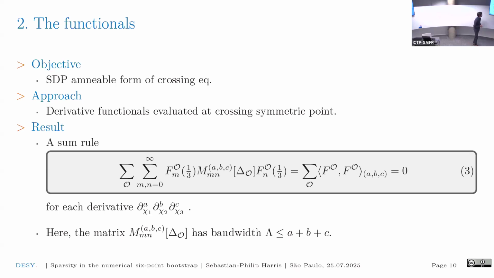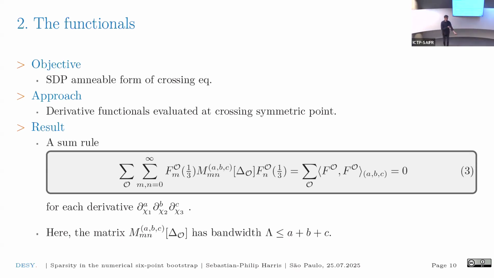And why do I do this? Because you can sit down, look at the equation, and act on it with the combination del chi1 to the A, del chi2 to the B, del chi3 to the C. And what you will get is something that looks like equation 3. You'll find some matrix M that, of course, depends on which derivatives you took, M_ABC.